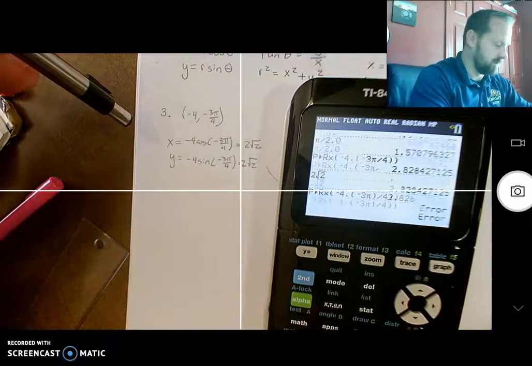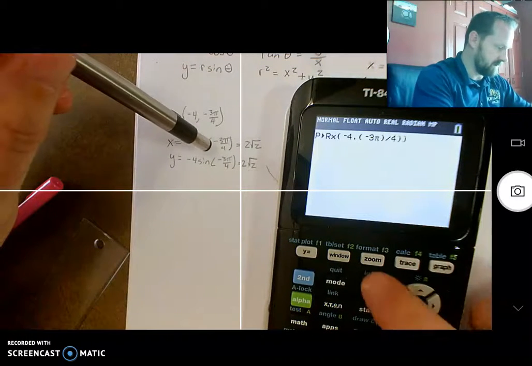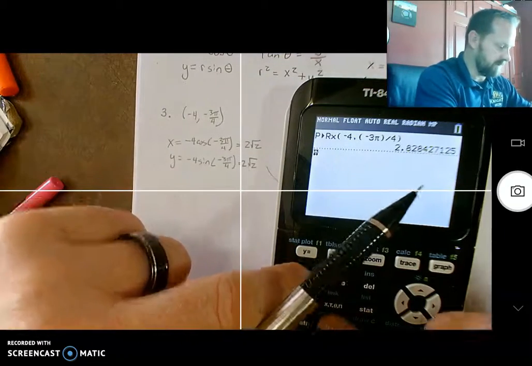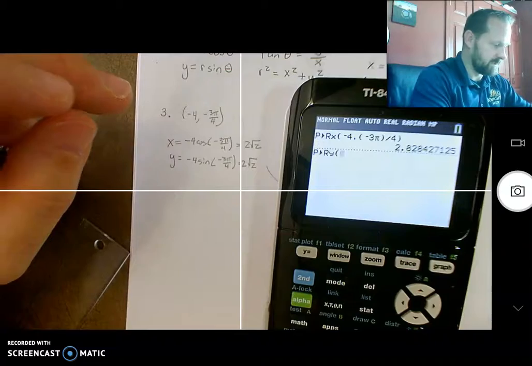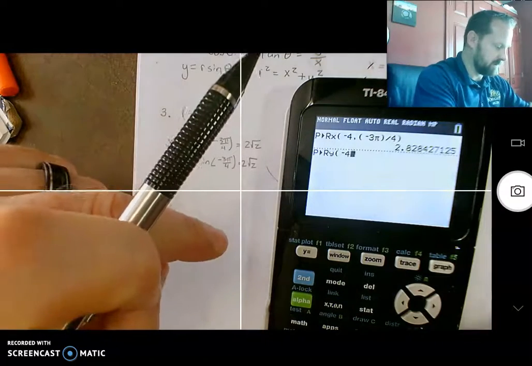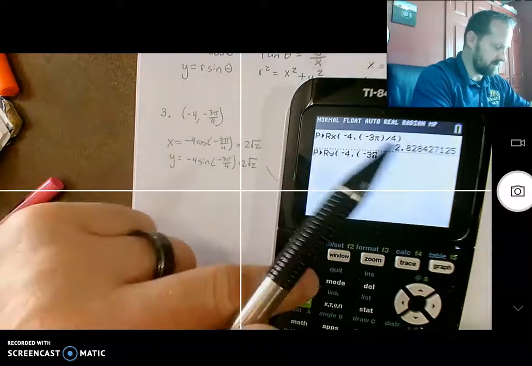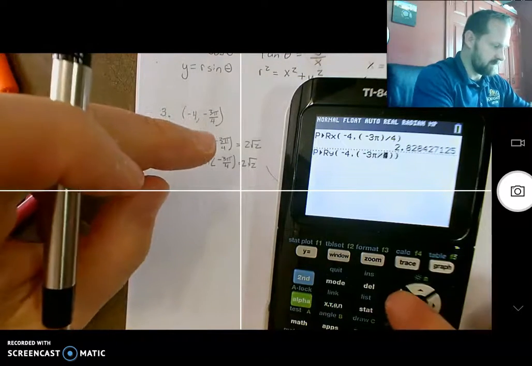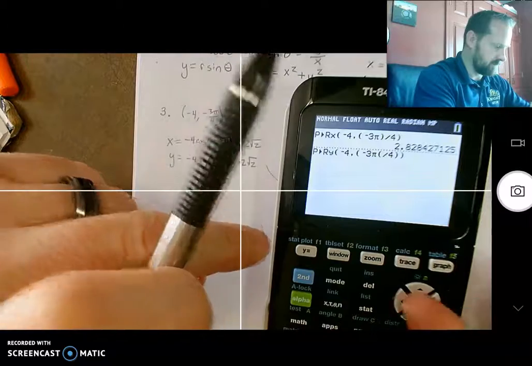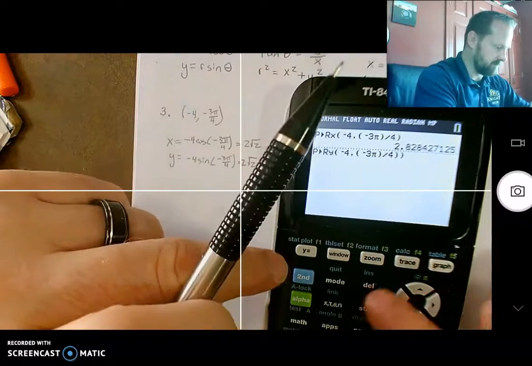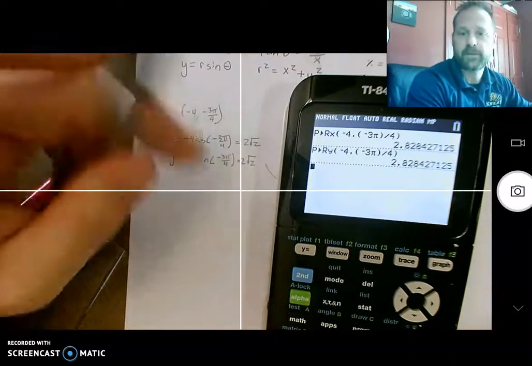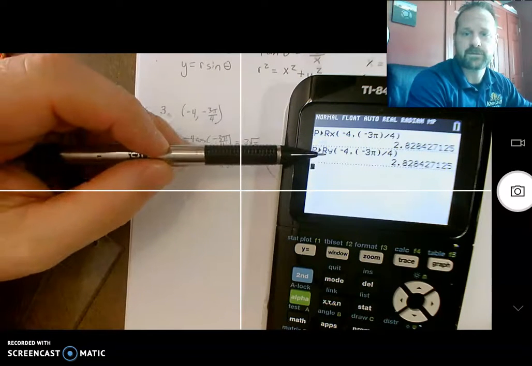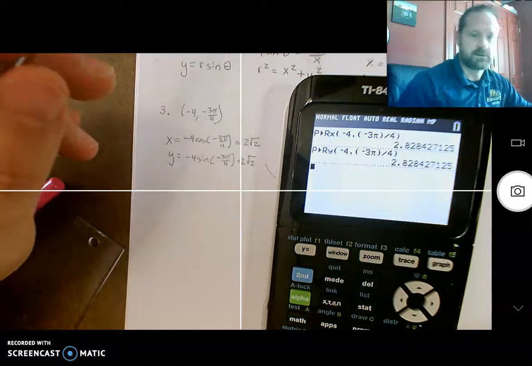Whoops, I put too many parentheses. Yes, I did. Okay, and there we go. And if you did the same thing with the y, it would turn out to be the same. So polar to rectangular in the x, polar to rectangular in the y. All right, let's move on.